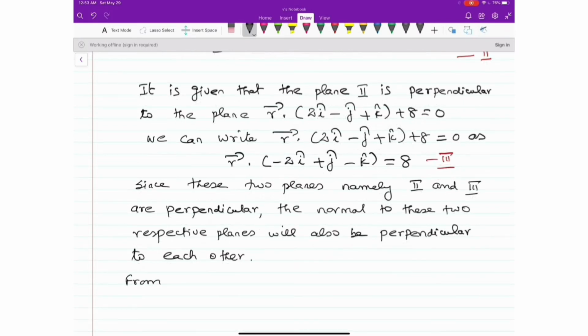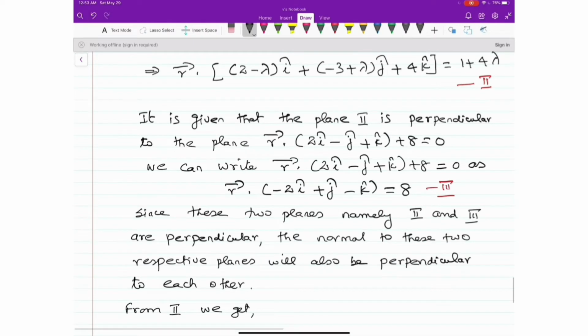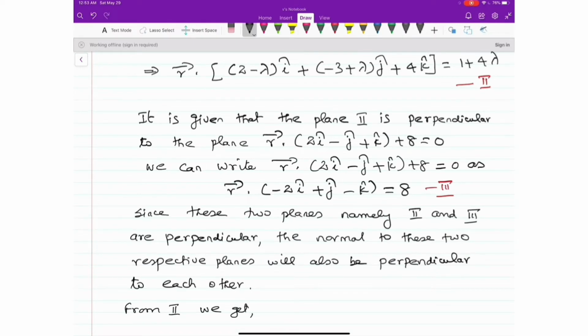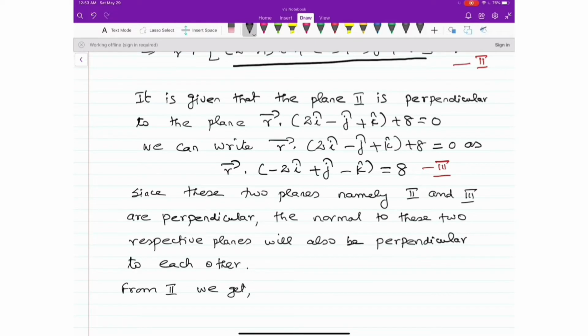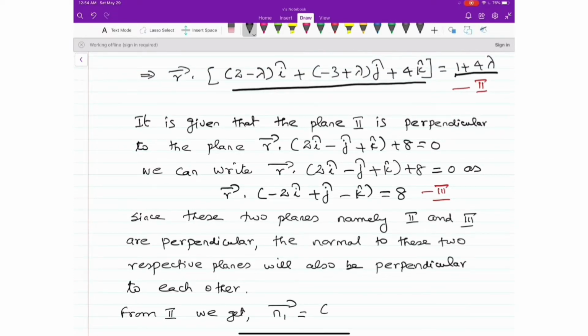Okay. From 2 we get, this is of the form vector r dot n vector equal to d. So we get n1 vector is equal to (2 minus lambda) i cap plus (minus 3 plus lambda) j cap plus 4 k cap.